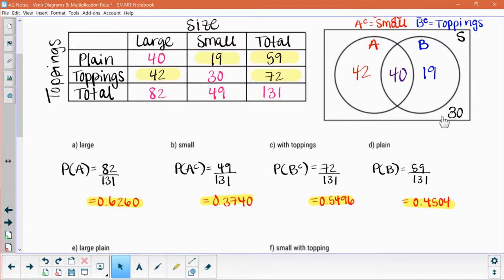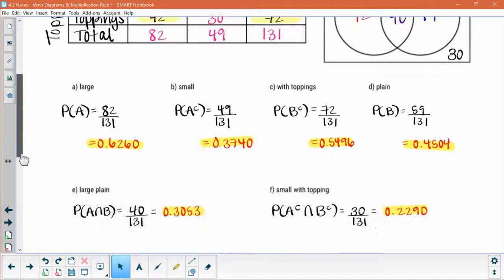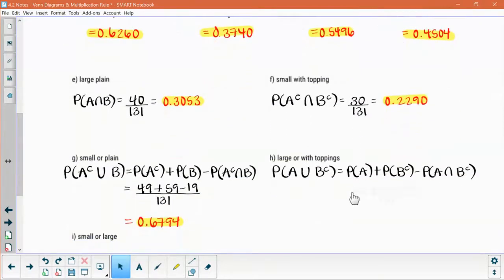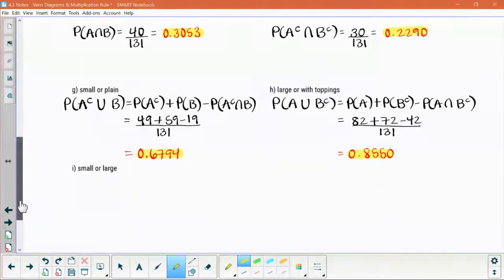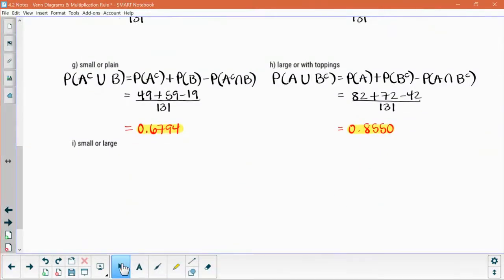And the probability of A and B complement is just this one sliver of event A. So 42 all by itself. So that's going to give me 82 plus 72 minus 42 all over 131, which is approximately 0.8550.